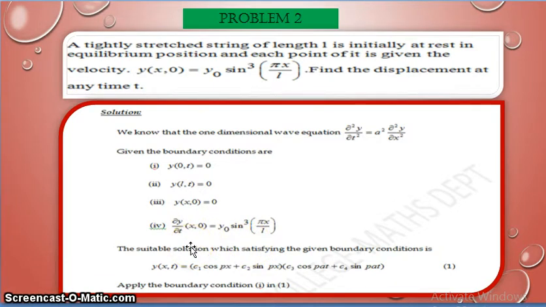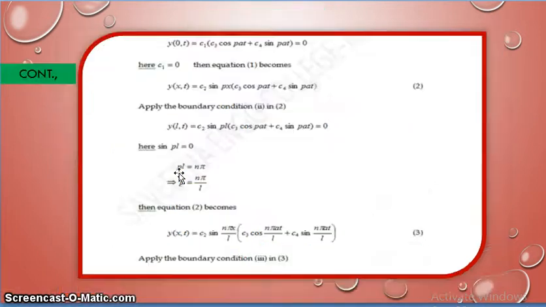Then the correct solution for the one dimensional wave equation is y of x comma t equal to c1 cos px plus c2 sin px into c3 cos pat plus c4 sin pat. Next, apply equation number 1 in condition number 1. Put x equal to 0.